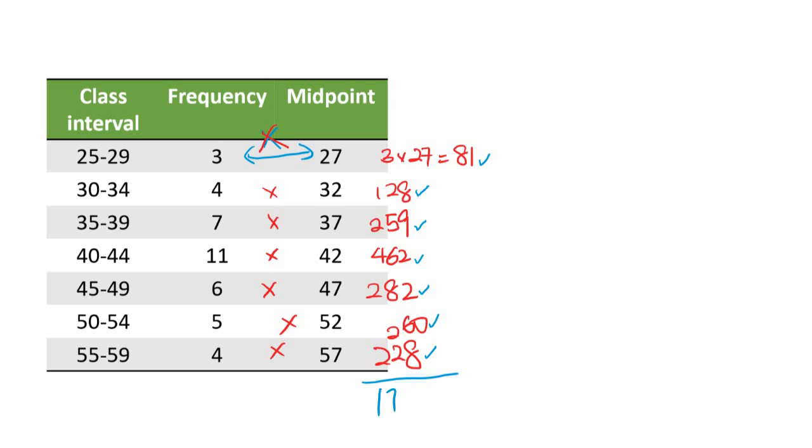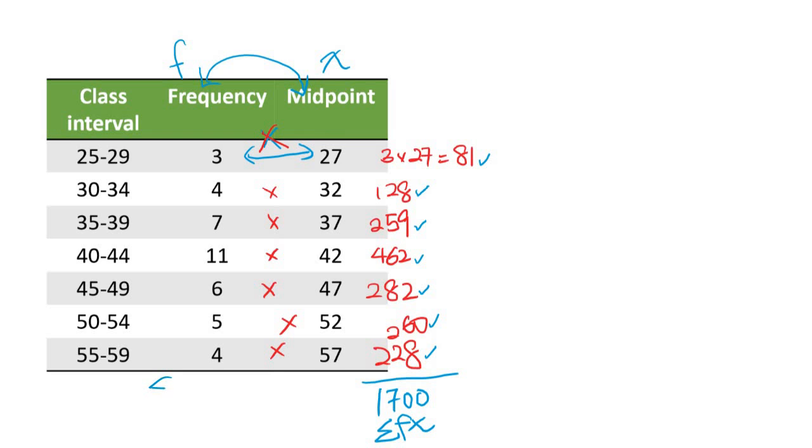If you calculate correctly, this one is 1700. This is the sum of the product of frequency and midpoint. I'm using f to represent frequency and x for midpoint, so this will be the sum of f multiplied with x.